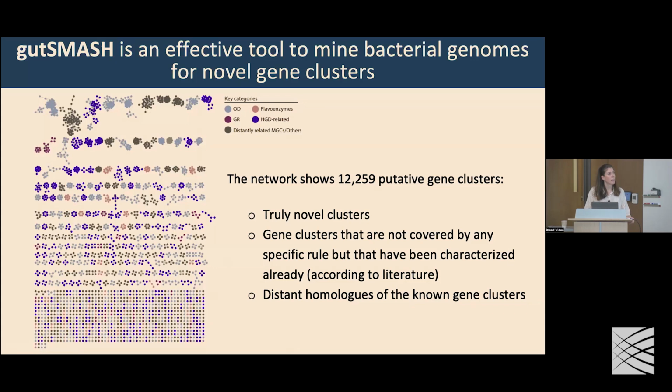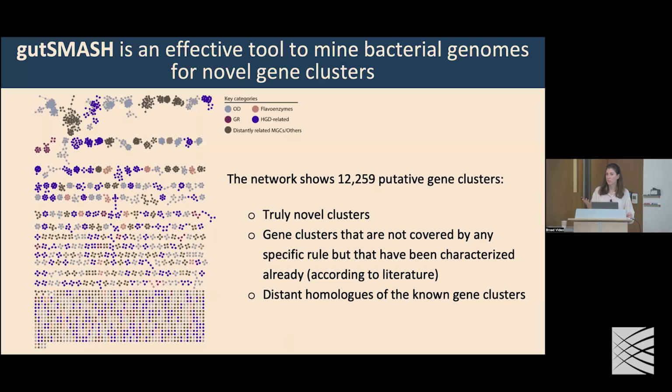And in this network, what we can see is that there are truly novel gene clusters. But we could also see that, for example, there were gene clusters that were not covered by any specific rule, but that have been characterized before. So they were not in our initial set of pathways, and we couldn't predict them as a specific pathway.